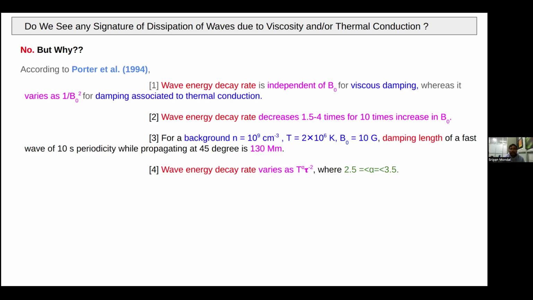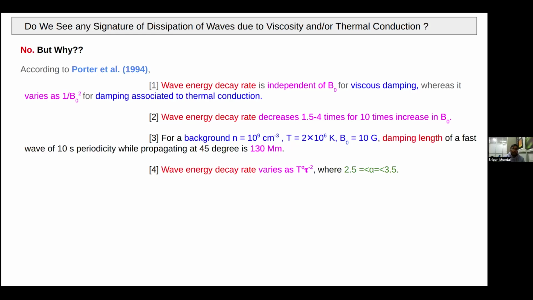More importantly, the wave energy decay rate has been reported to vary as T^alpha tau^-2, where alpha ranges from 2.5 to 3.5, T is the background temperature, and tau is the periodicity associated with the wave.